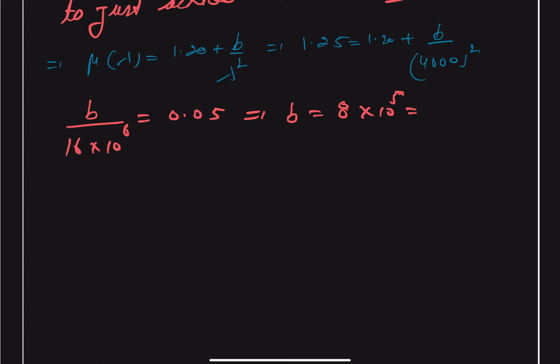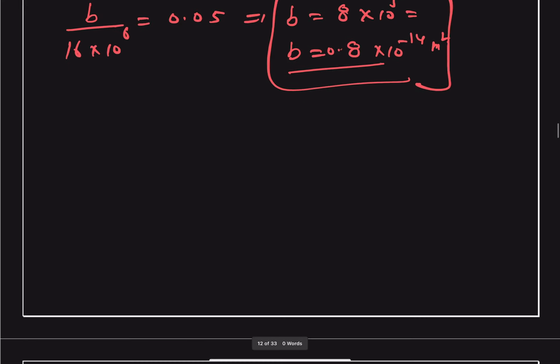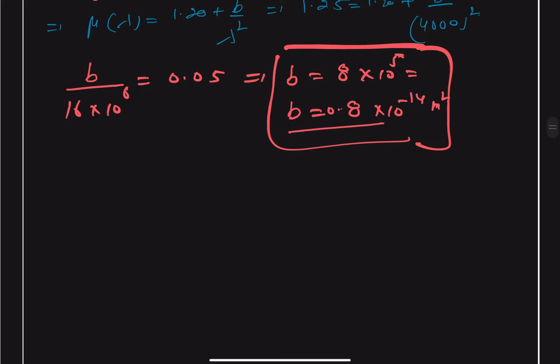So we can easily convert this into meters and we get that b will be equal to 0.8 into 10 to the power minus 14 meter square. Okay, both answers are correct. It depends upon in which unit b is required. The second part of b is based on lambda, which is given in angstrom.